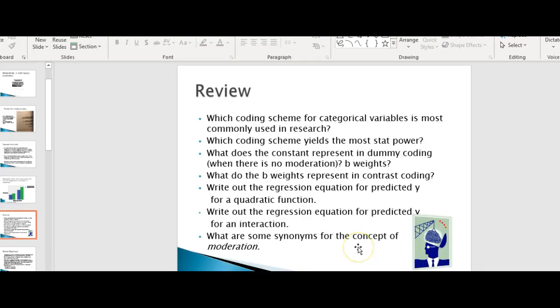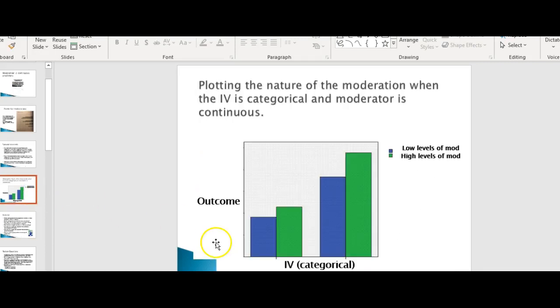So I highly recommend, when the IV is categorical and you have condition 1 here, maybe this is the control group, and condition 2, this is the experimental group, whatever. And then we expect that at low levels of the moderator, we're going to see these are the blue bars representing that, and then at high levels are the green bars.